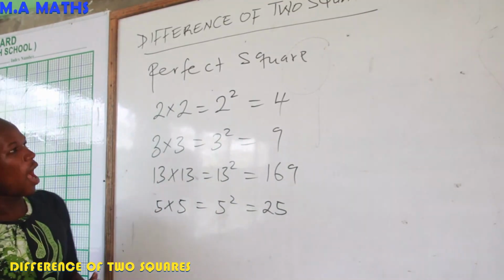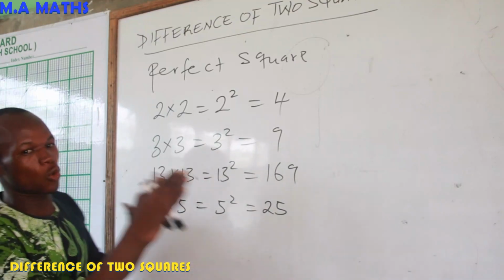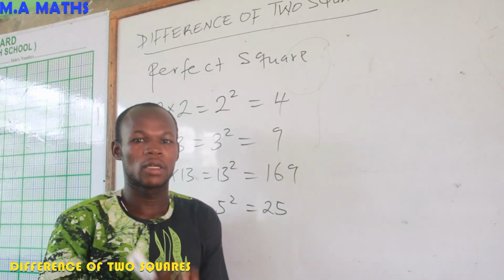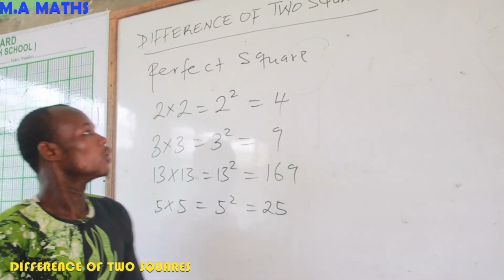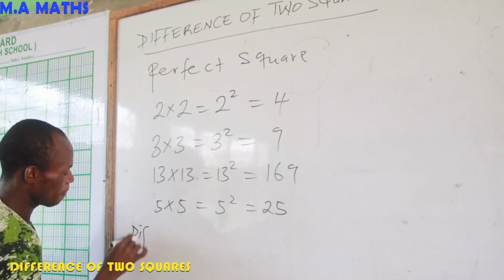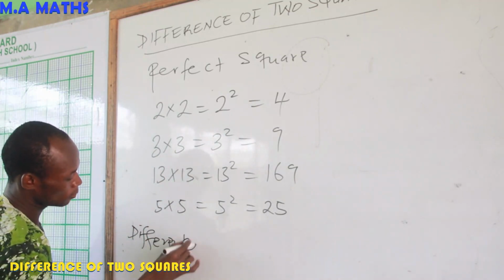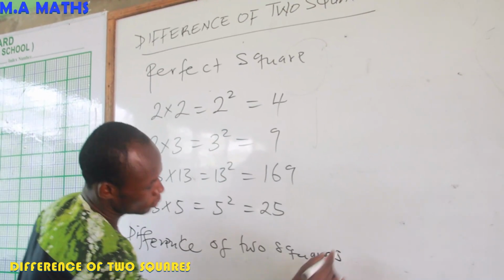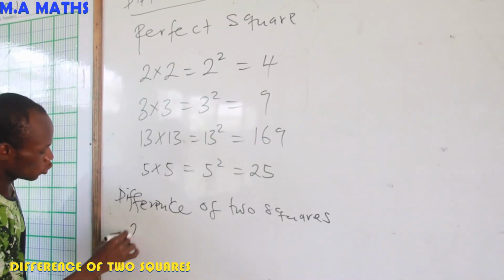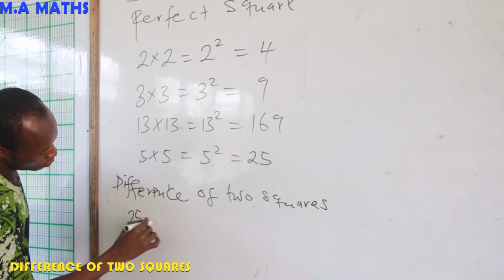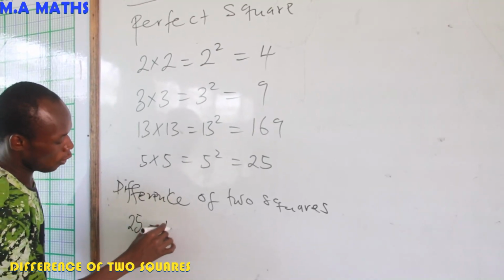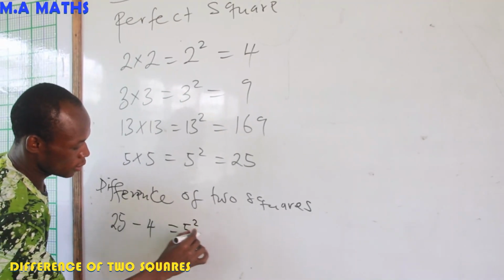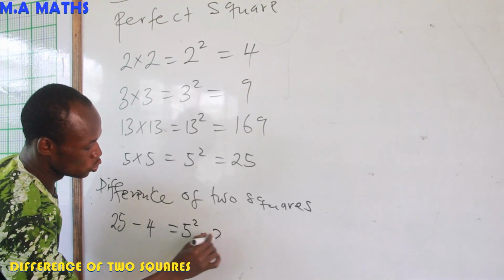Now, if I have 2 perfect squares subtracting each other, then I can say that it is what? Difference of 2 squares. So if I have 25 minus 4, I can express it as 5 squared minus 2 squared.